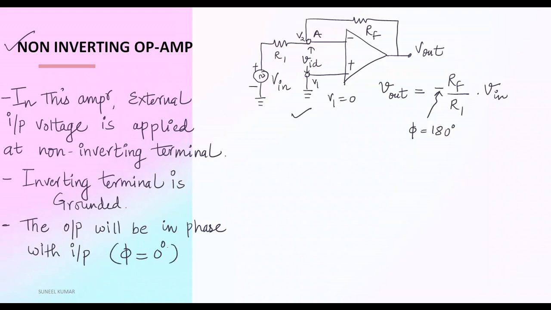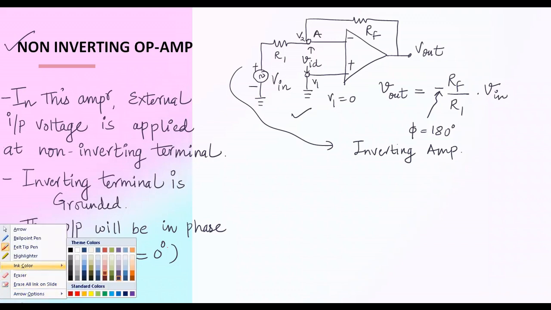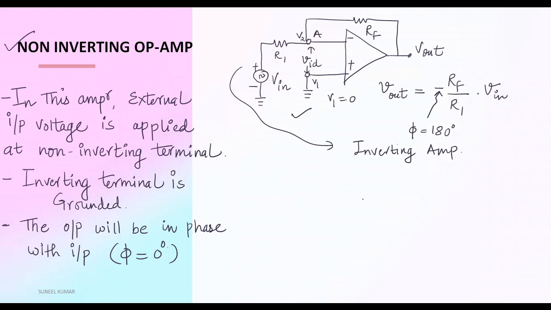So this was the inverting op amp, so now we can erase this. This configuration that we have seen here is the inverting amplifier. Now we are making non-inverting amplifier. Let's say this is the symbol of op amp. We have output terminal.